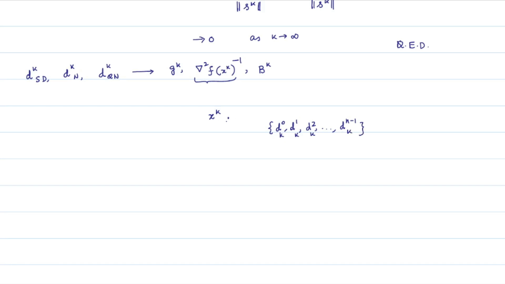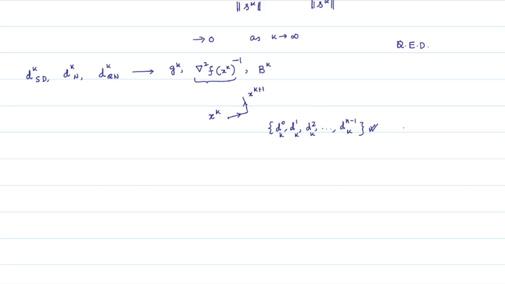So at the current iterate, we shall identify these n many directions that are conjugate with respect to the Hessian matrix. Then we shall move along these directions to take the next iterative point. And that is precisely the conjugate direction method. The conjugate direction method will be the agenda for the next lecture.